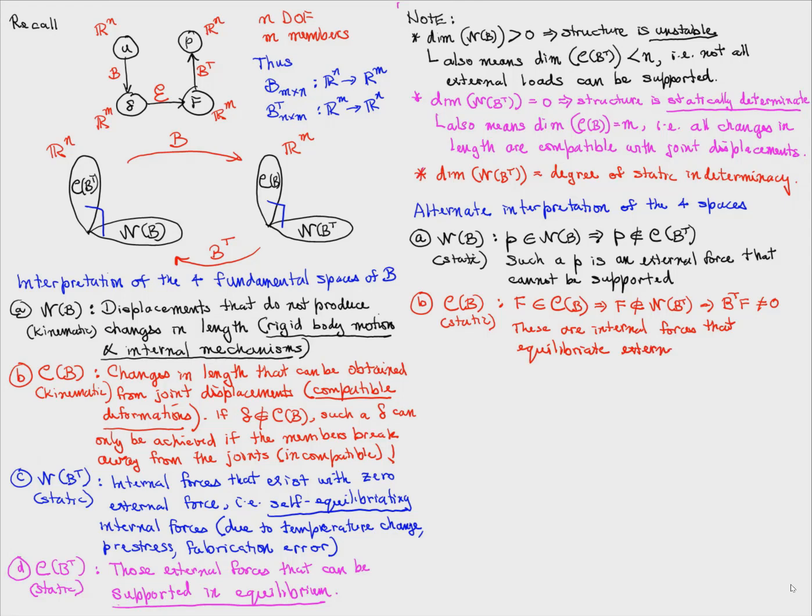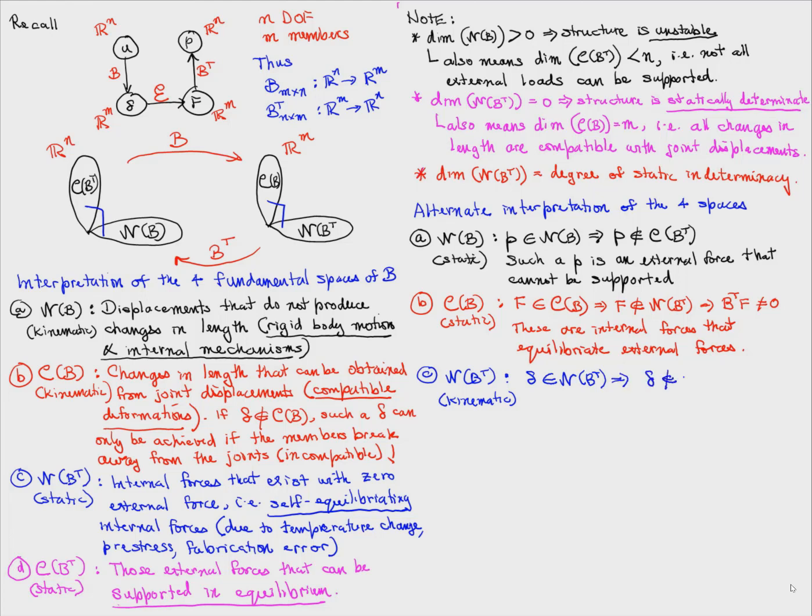Next, let's look at the null space of B transposed. Now, this is a kinematic interpretation. Suppose a delta, a vector of changes in length, is in the null space of B transpose.